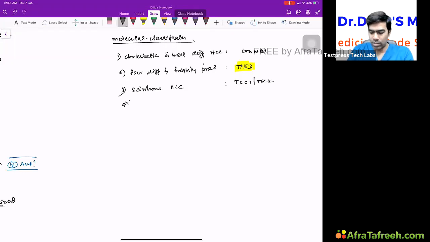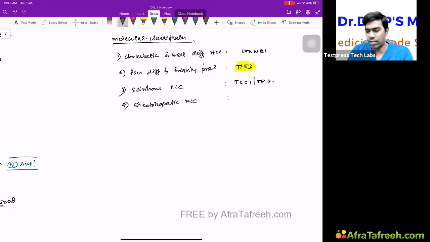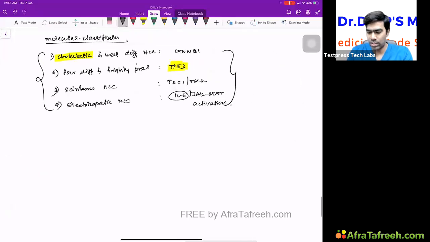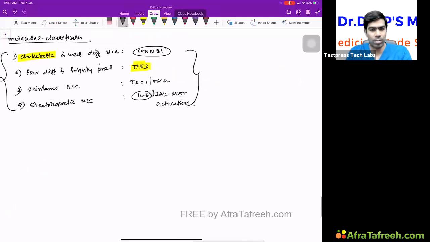Then the fourth type is the steatohepatic type of HCC, which is typically due to IL-6 and JAK-STAT activation. So these are the four types of HCC based on molecular classification. And of course, the most common is the cholestatic and well-differentiated type, which is due to CTNNB1. So this is the usual commonest form.